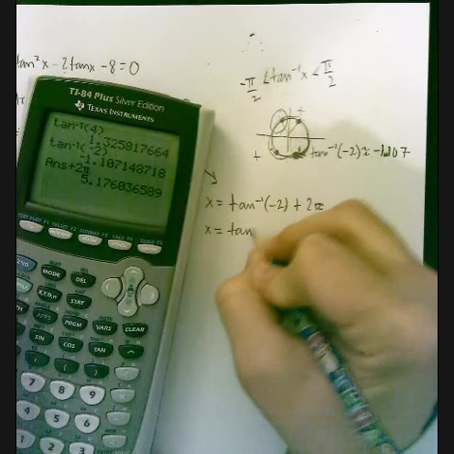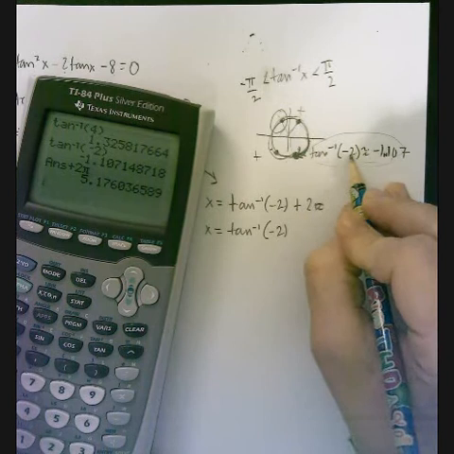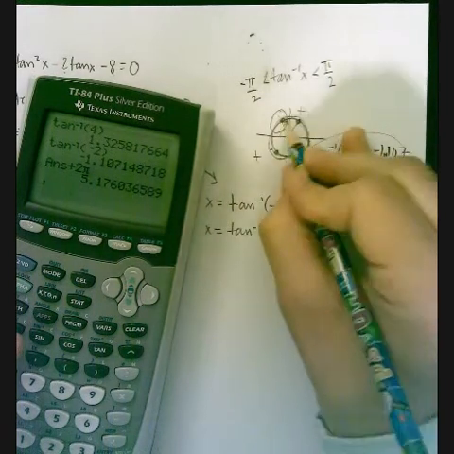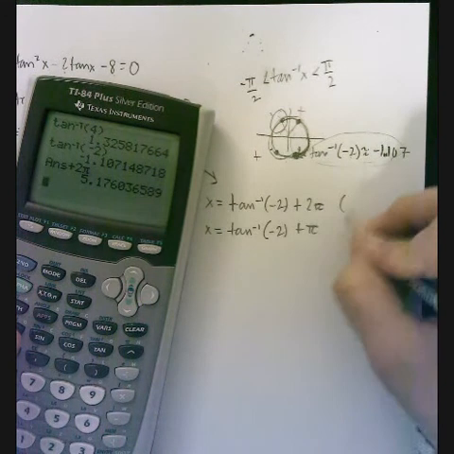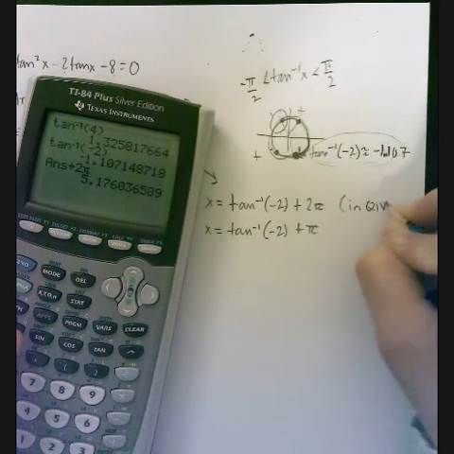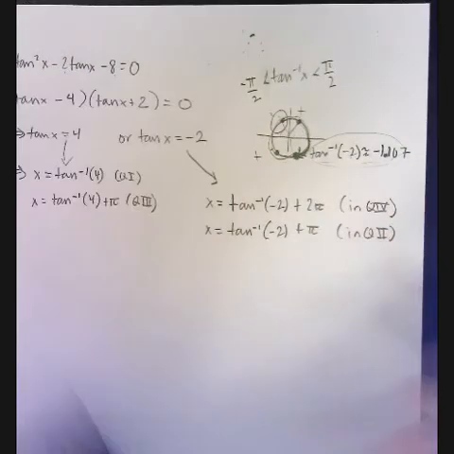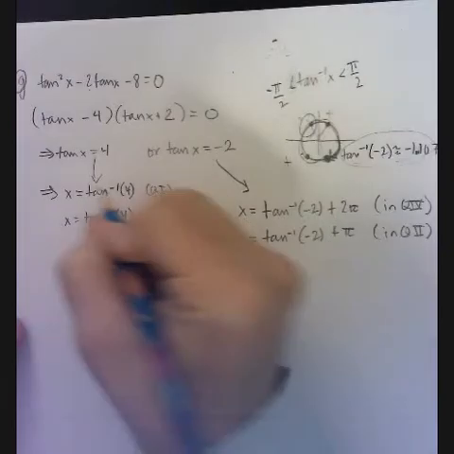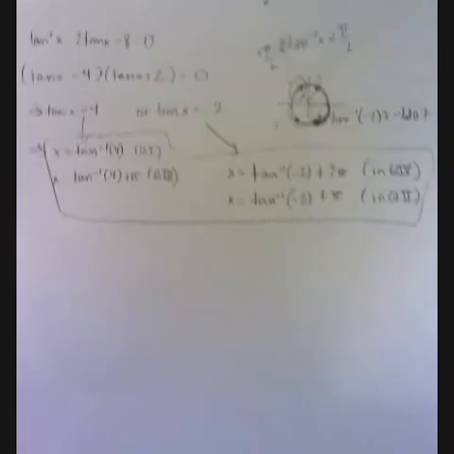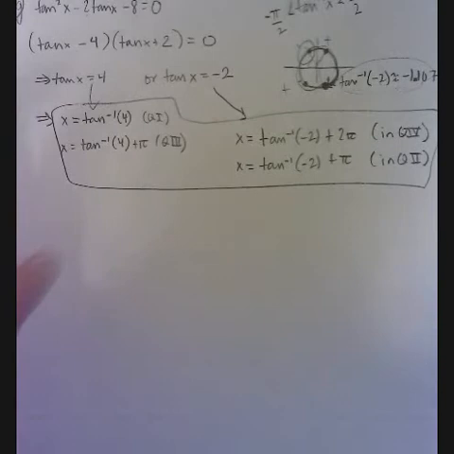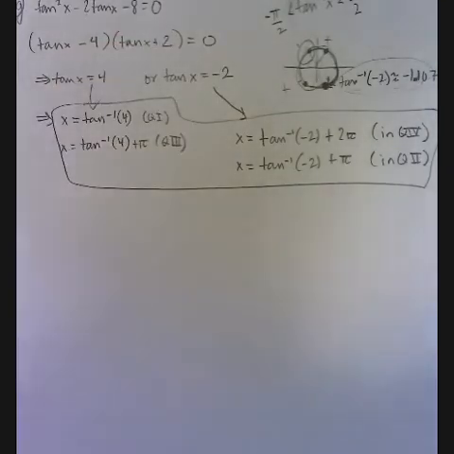If you go back to this number, tangent inverse of -2, just add pi and you'll get that solution in quadrant 2. So this one is in quadrant 4. This one is in quadrant 2. So we actually have all 4 of these here, one in each quadrant. Again, that's because we got a positive and a negative, so we're going to get a solution in every quadrant.